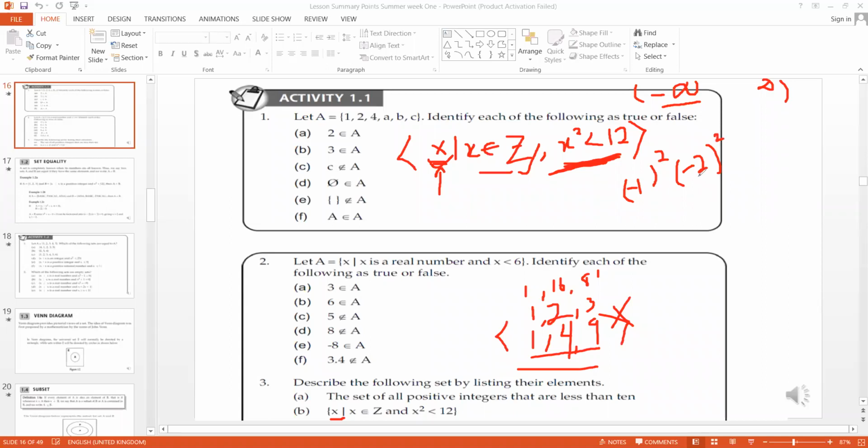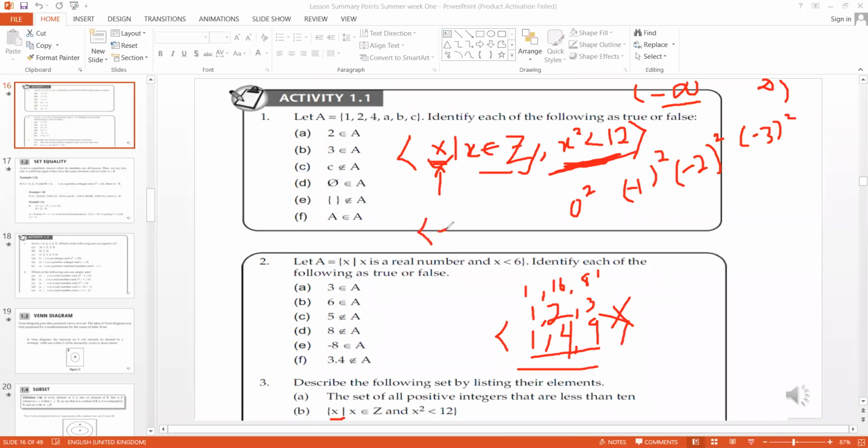Okay, -2 is an integer, the square is 4, which is less than 12. -3 is an integer and the square is 9, which is less than 12. And the same way, 0 is also an integer. And 0 square is 0, which is also less than what? 12.